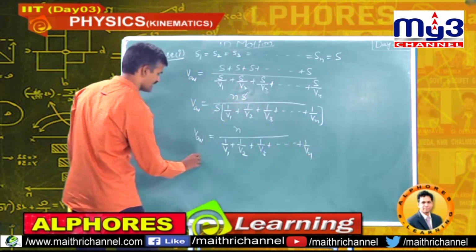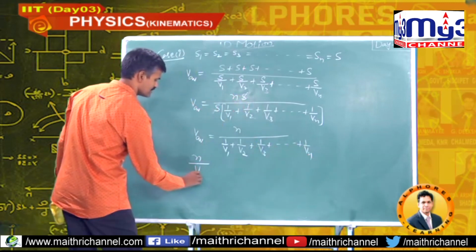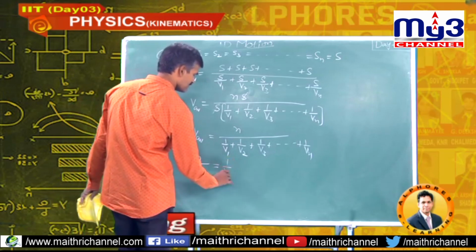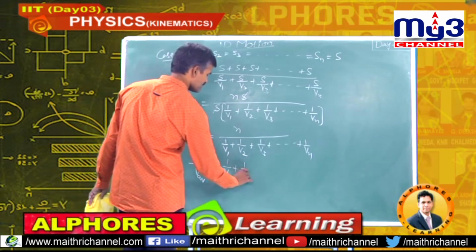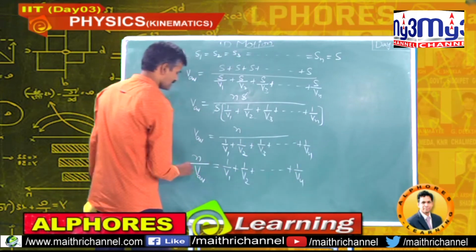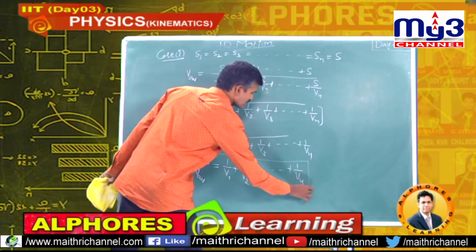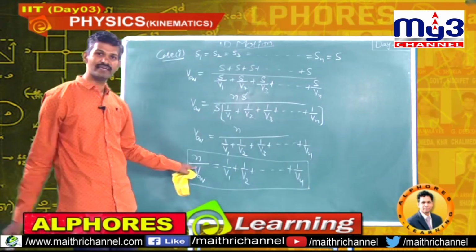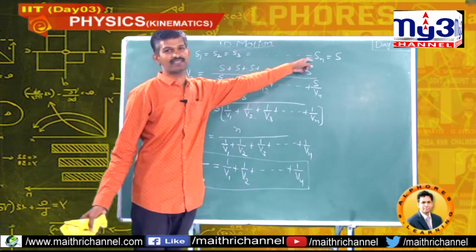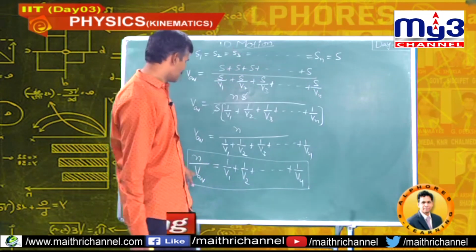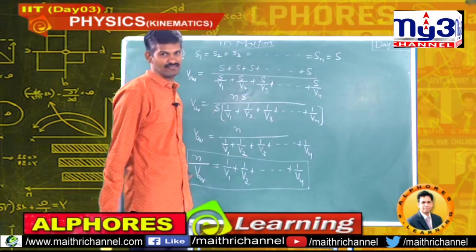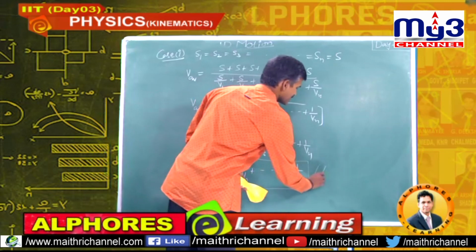It can also be written as n by V average is equal to 1 by V1 plus 1 by V2 plus and so on plus 1 by Vn. What is this? This is the harmonic mean. So, if the distance travelled by the particles is the same, then the average speed over different intervals is the harmonic mean of the velocities.